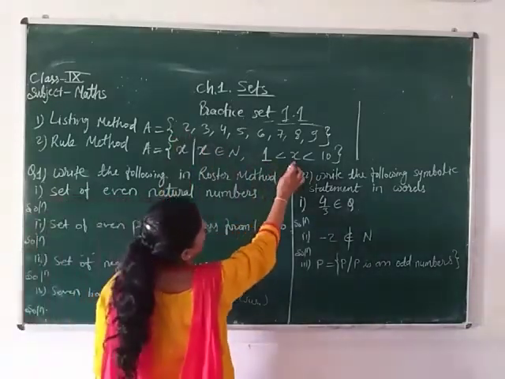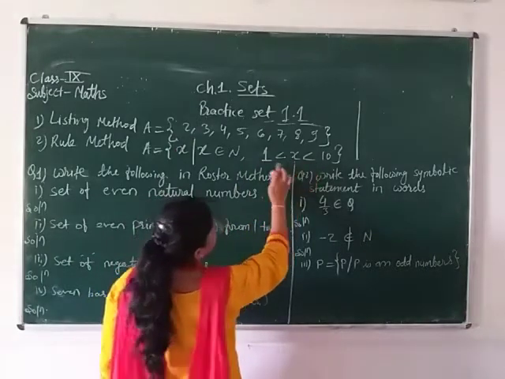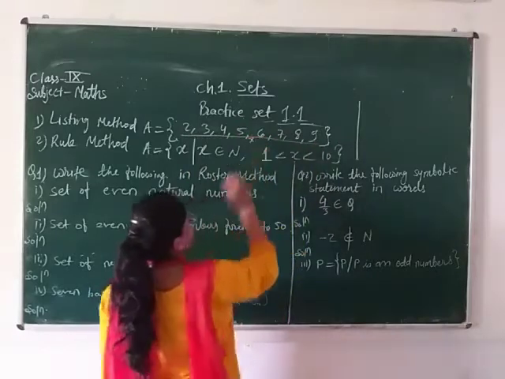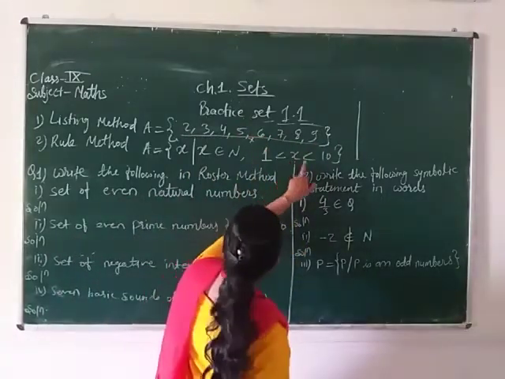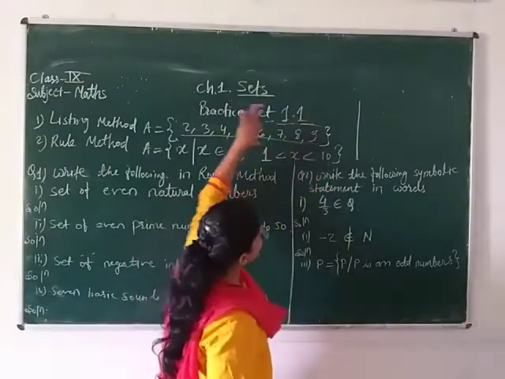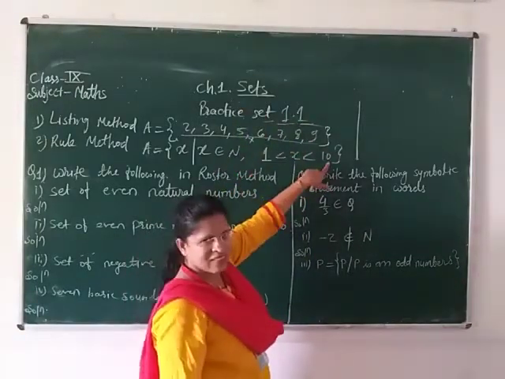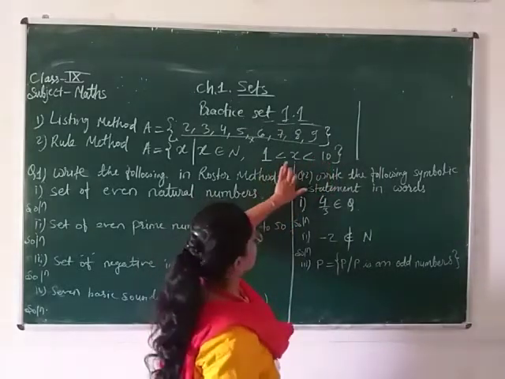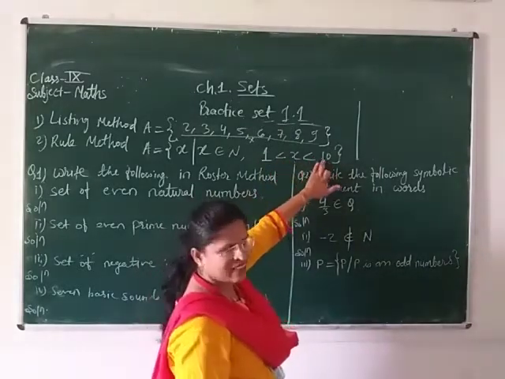And x is less than 10, because these are the numbers less than 10. So 1 less than x less than 10.